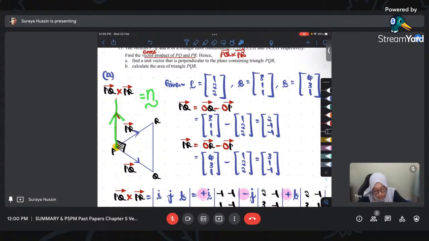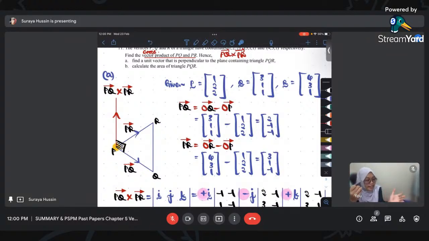So normal vector dekat sini, cara nak faham adalah you use your right thumb. You imagine, saya tak boleh lah nak guna thumb dalam iPad ni. Of course I can't show you. So imagine kalau thumb kamu ke atas, thumb kamu dekat atas, imagine that kamu kutip, kaut, what should I say?